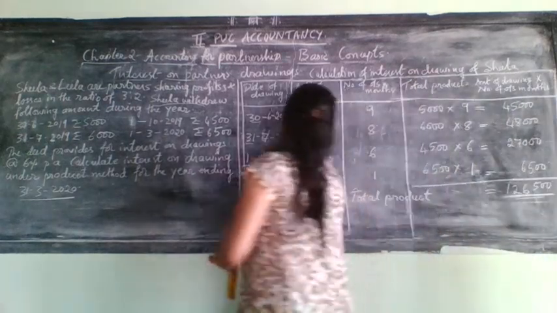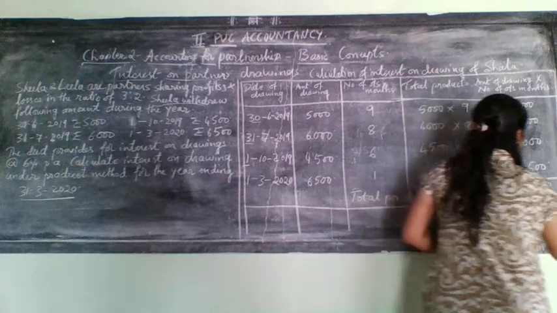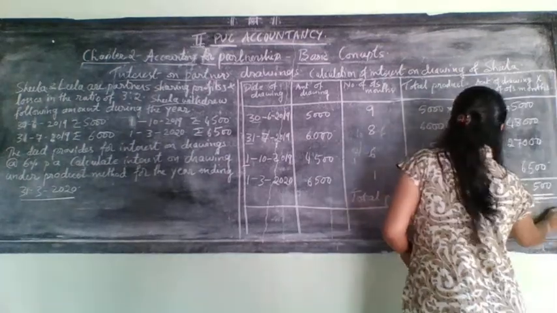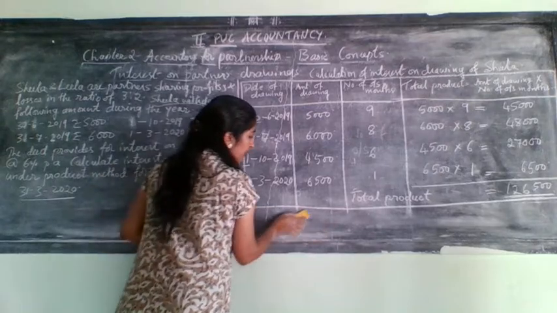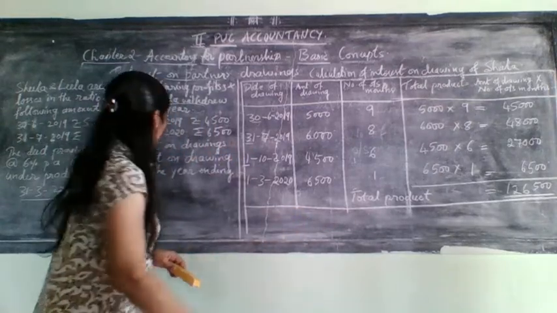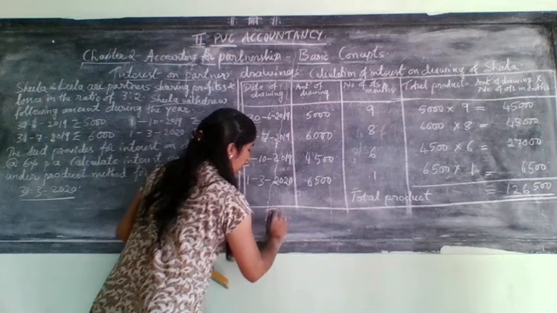Now, after calculating this, what did we get? We just got total product. What do we want now? Actually, we want interest on drawing. Correct? Apply the formula now. What is the formula for interest on drawing?